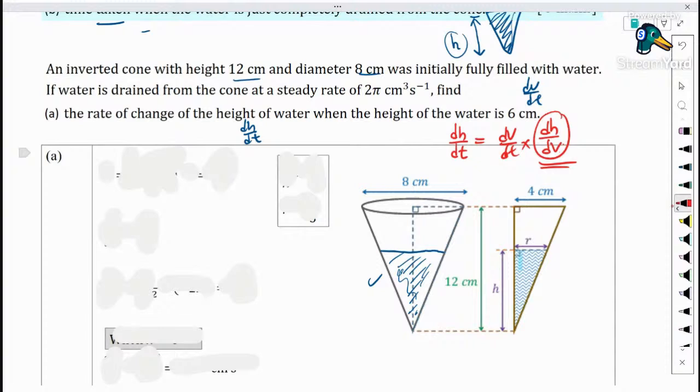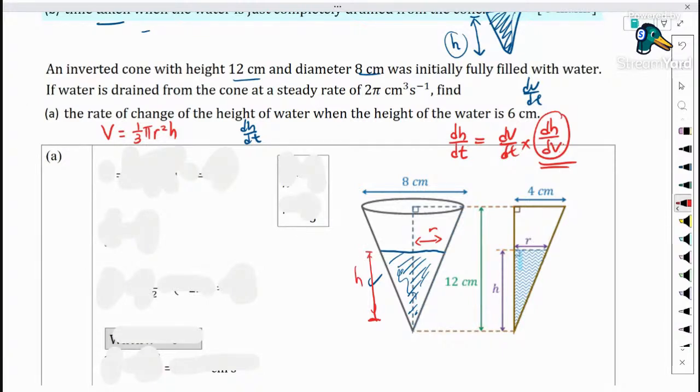To get the volume of water, you can just calculate the volume of the cone shape of the water. So the volume of the water V is 1/3 pi r squared h, where this is the r, and this is the h.